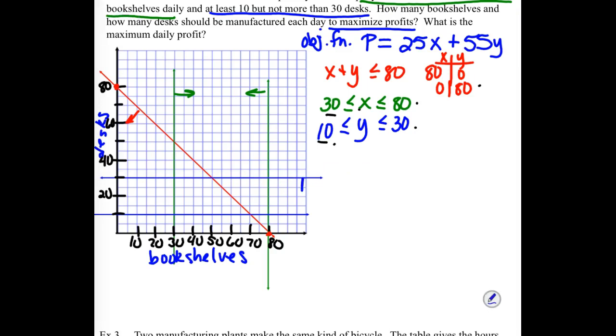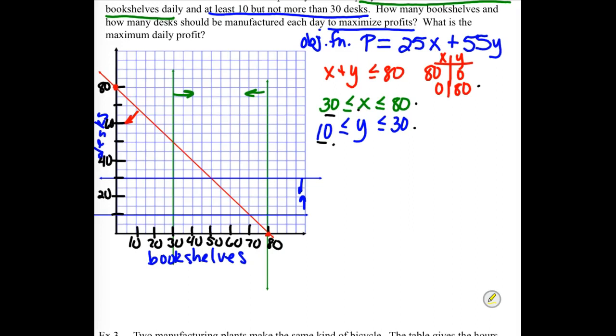And we need to be in between those, correct? So if you picture your vertical and horizontal lines, they've kind of made a box. We have to be inside that rectangular box. And then we have to be underneath the red line. So our shaded area would be in here. Are we okay with that?